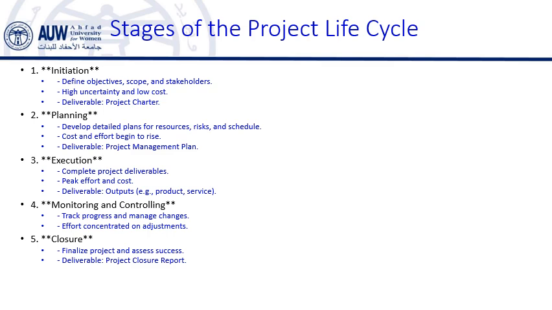The deliverable of this stage is the actual product, service, or result that the project is intended to create. For instance, it could be a completed building, or a developed software product, or a marketing campaign ready for launch. We will come with different types of projects in each of your specializations.